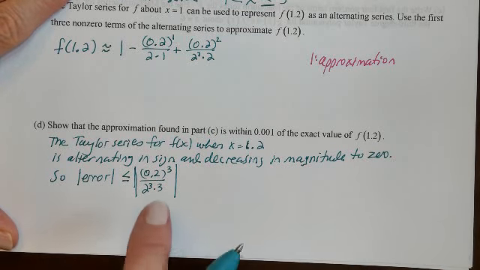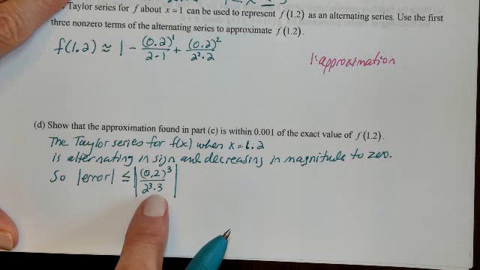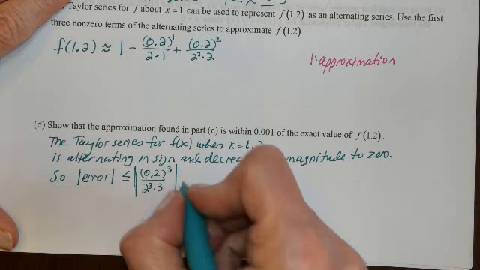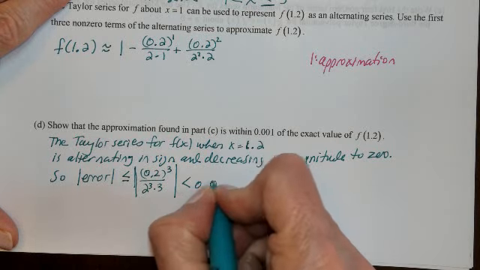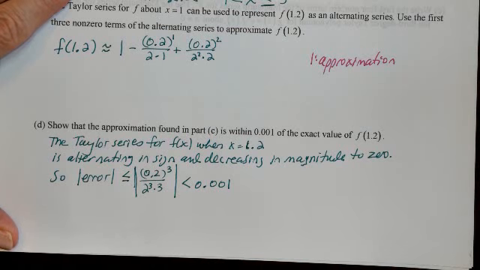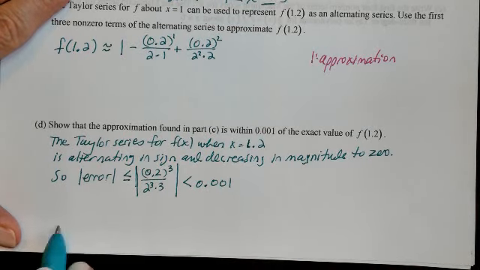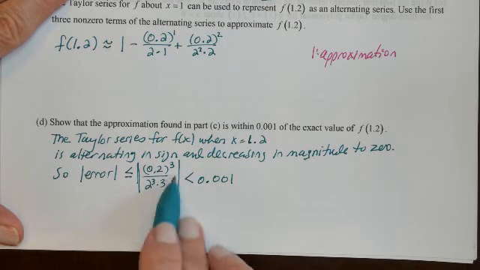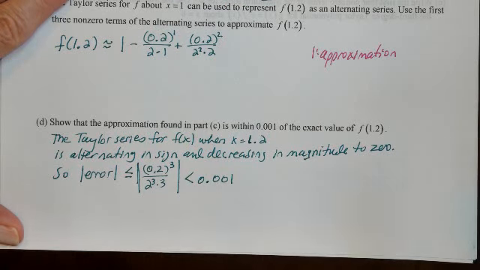Now they want us to show that this is less than 0.001. That's easy for me to show. I don't need to do anything about it. If I wanted to prove it to myself, I could, but I'm very confident in that answer, so I'm not going to waste my time doing that.